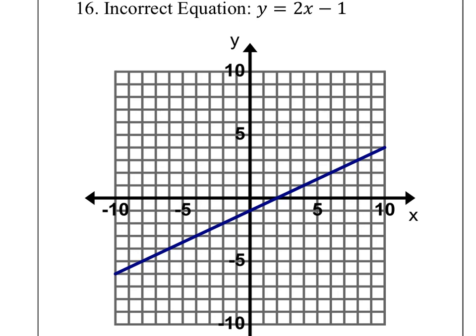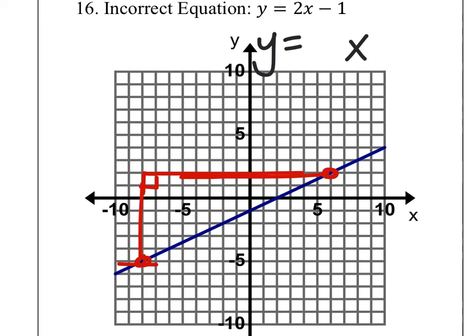What's going on here? Well, let's look at what the equation should be, and that should maybe help us out. So let's find the slope first. So I'm going to use, let's say, this point right here, and I will use this point right here. Doesn't matter which two you use, though, right? So if I make my stair step, that's much better.